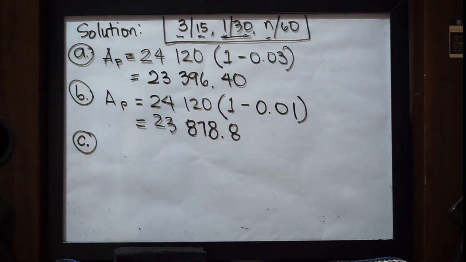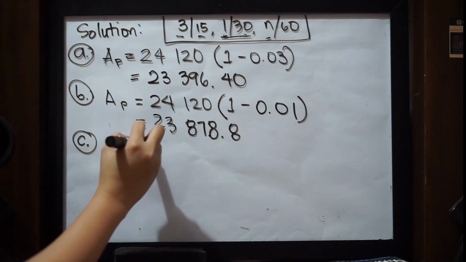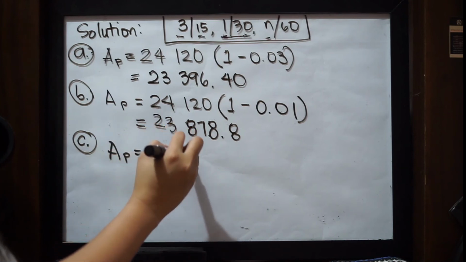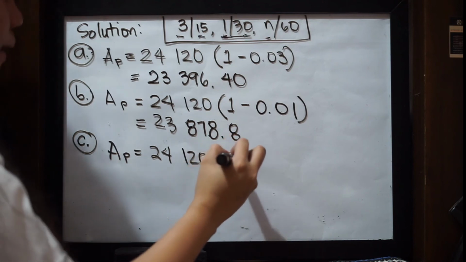Next, last letter. Letter C. Amount payable, we still have the same 24,120 multiplied by 1 minus.